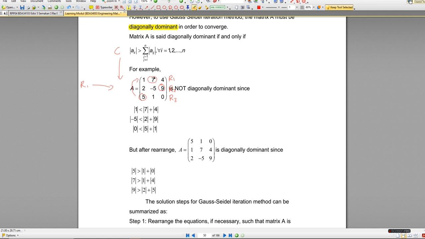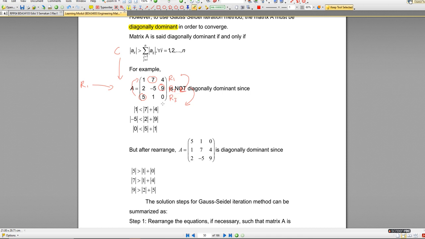So since the 7 is located in column 2, this row should be rearranged to row 2, and for column number 3, the highest one is 9, so 9 should be rearranged to row 3. So row 1 to row 2, row 3 to row 1, and row 2 to row 3.